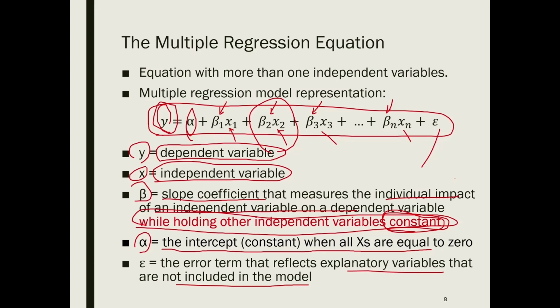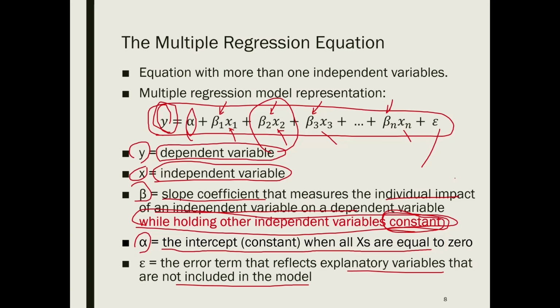But the reality is that we can't include every one of them because of the data set and because of the nature of social phenomena. We just can't include everything. So there will always be an error term in all regression analysis, something we can't include in our data analysis. Sometimes we don't know what those variables are, or sometimes we know what they are, but we couldn't include them because the data doesn't have them, or we couldn't collect them at the beginning.